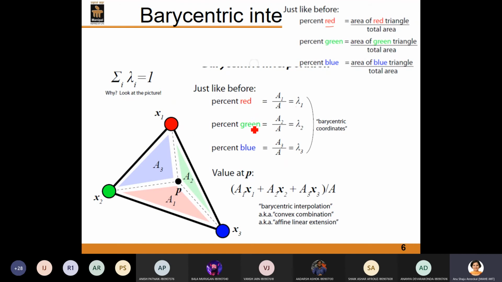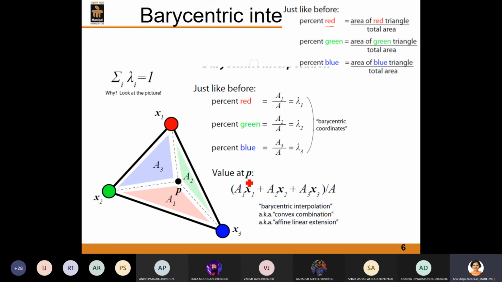So this would be the percentage of red, green, and blue which is actually interpolated into this particular pixel intensity value. The more the area under each of these, the more the percentage, and the more the pixel intensity value moves towards that particular hue.